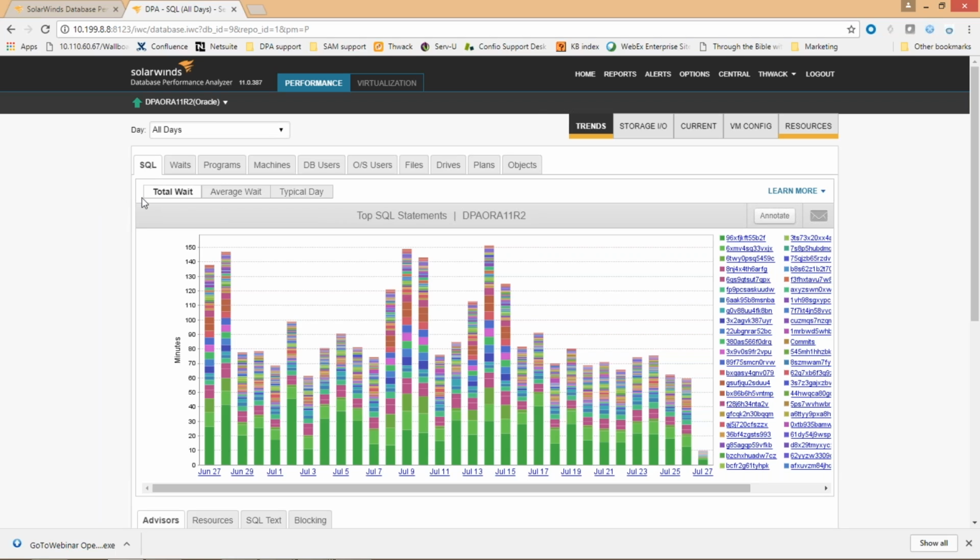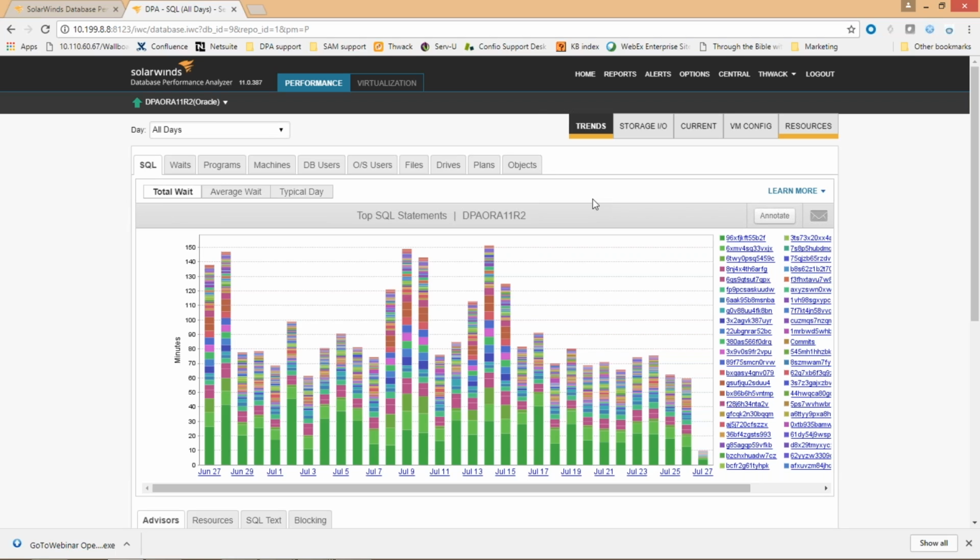So you don't have to be an expert in, say, Oracle to troubleshoot performance issues. Now, it will help to understand what fix to put in for the performance issue, but we can definitely help you identify it easily. So here, once I click on the instance, I get my 30-day view.